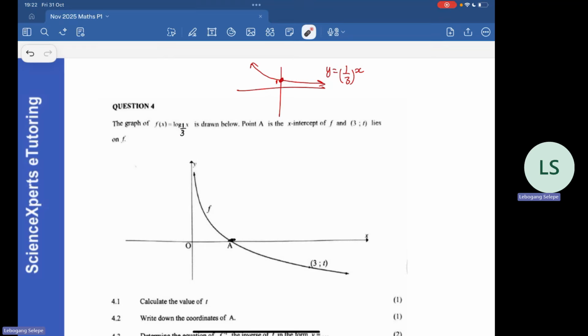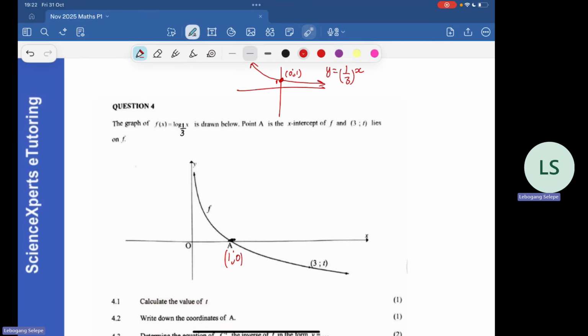On the original graph, this point would be an x-intercept. We switch them. The coordinates here were 0 is to 1, so on the original graph we switch the x and the y, and it gives us 1 is to 0. Write down the coordinates of A. We already answered that question.